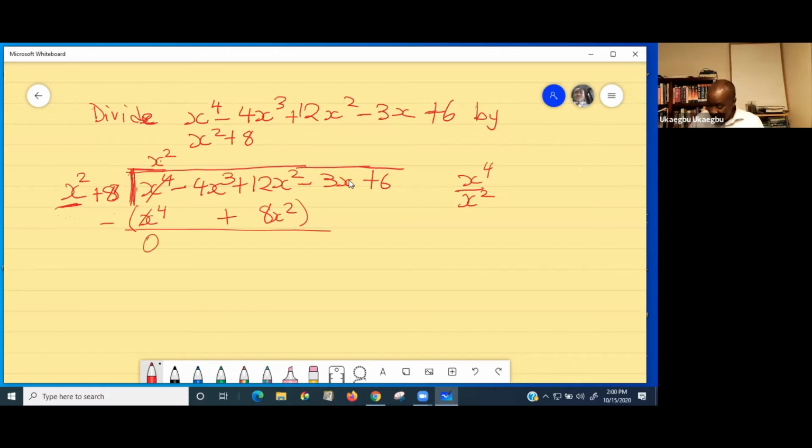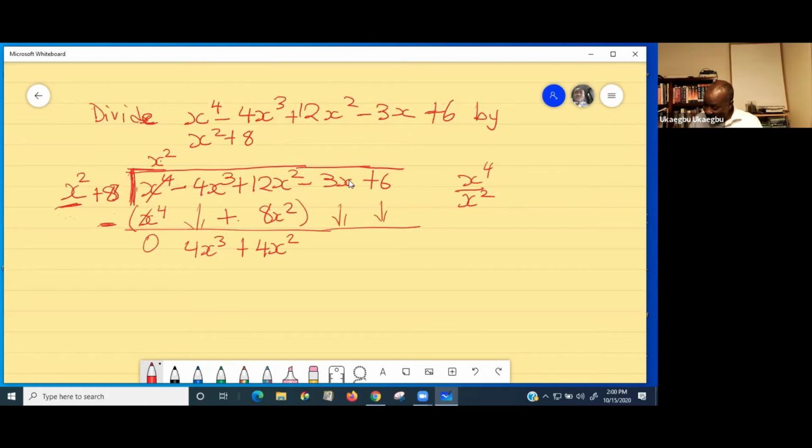And then you bring down your 4x raised to power 3. And this negative here will change the sign here to be negative. So you are going to have 12x squared minus 8x squared, which is plus 4x squared. Then, of course, you bring down the rest of them.